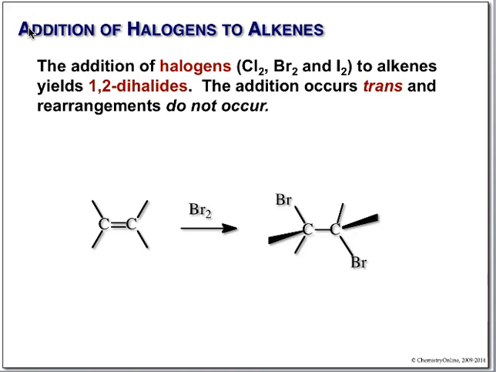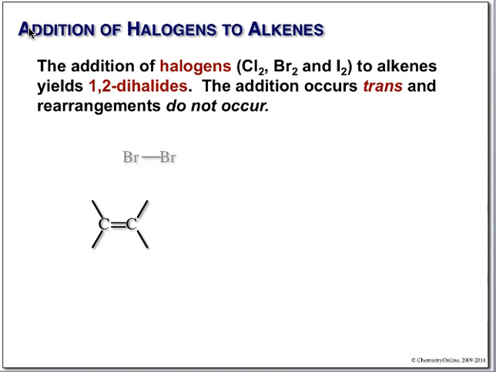All right, let's look and see what's going on. Remember, our alkene has this big happy pi cloud. Bromine can break its covalent bond here. When it does, it would form Br plus and Br minus. It's very polarizable, and it can do this.